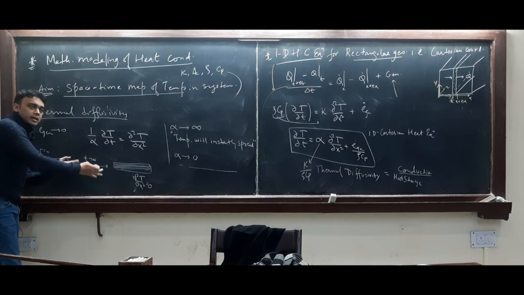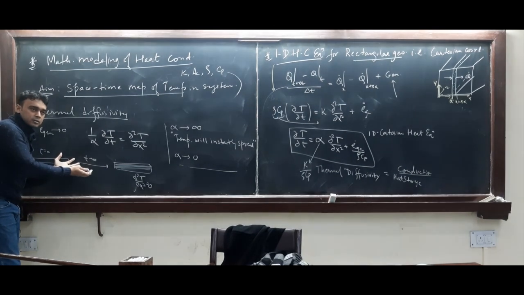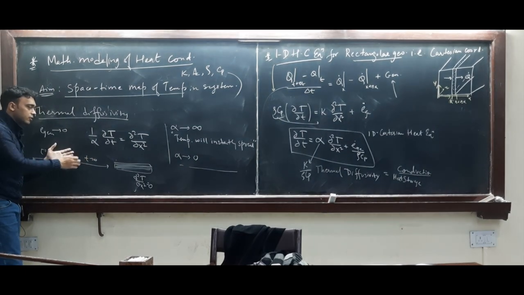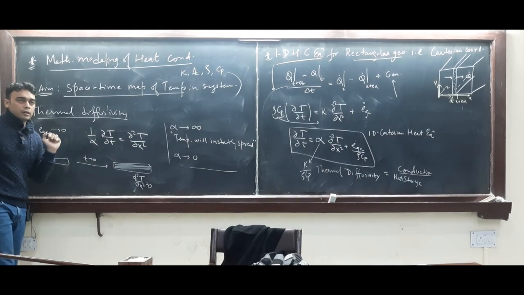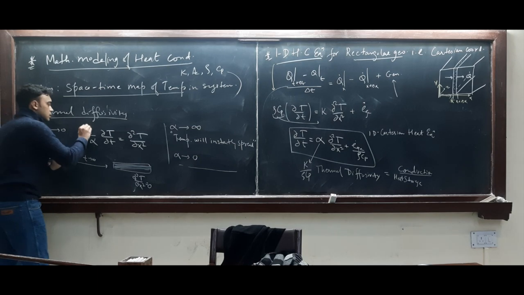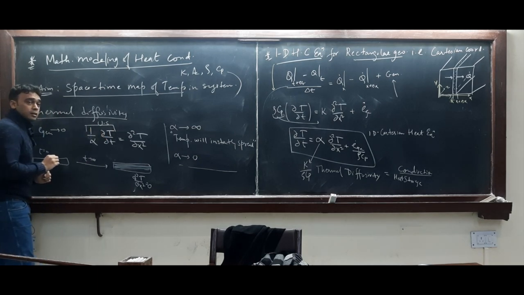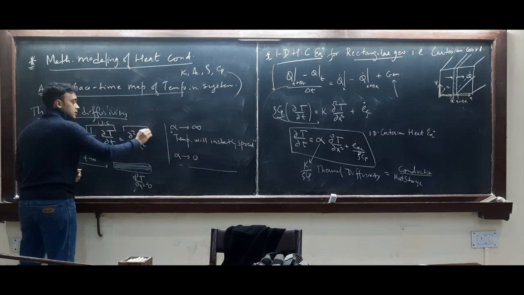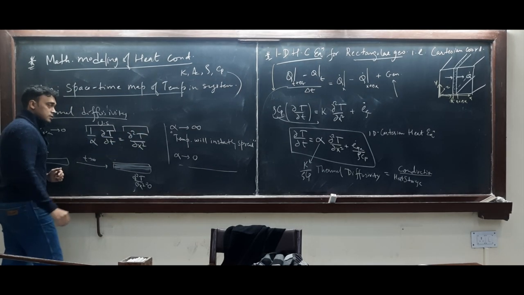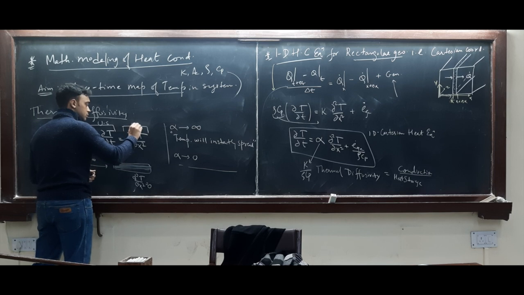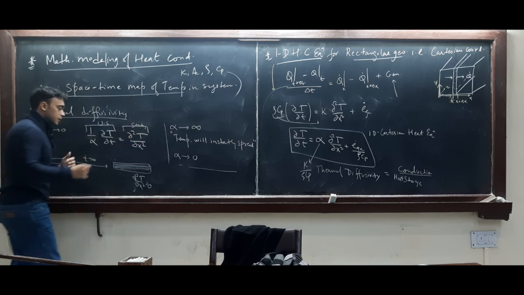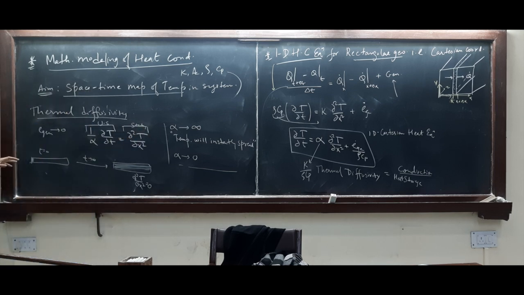But the intermediate dynamics, the transient dynamics, meaning the unsteady dynamics, will be governed by the entire equation. This takes care of the unsteady part. This takes care of the steady part or eventual part. Now, if I take a material of high alpha or low alpha, what changes here?